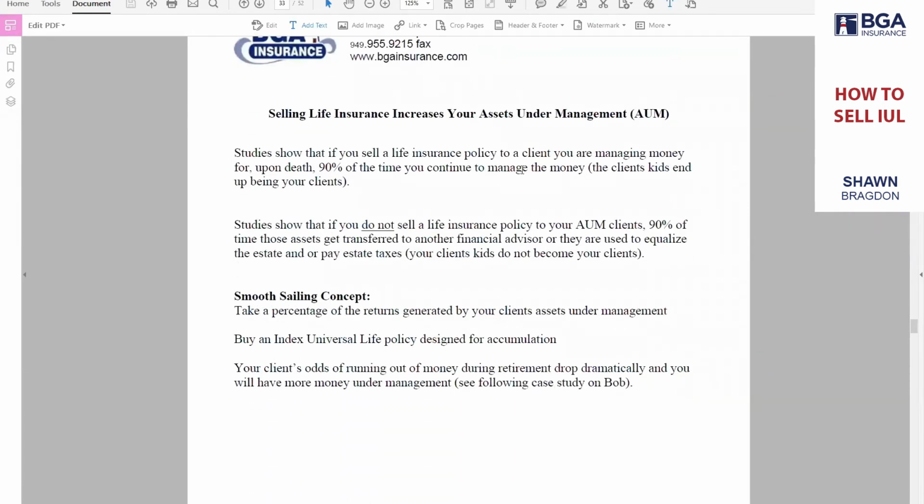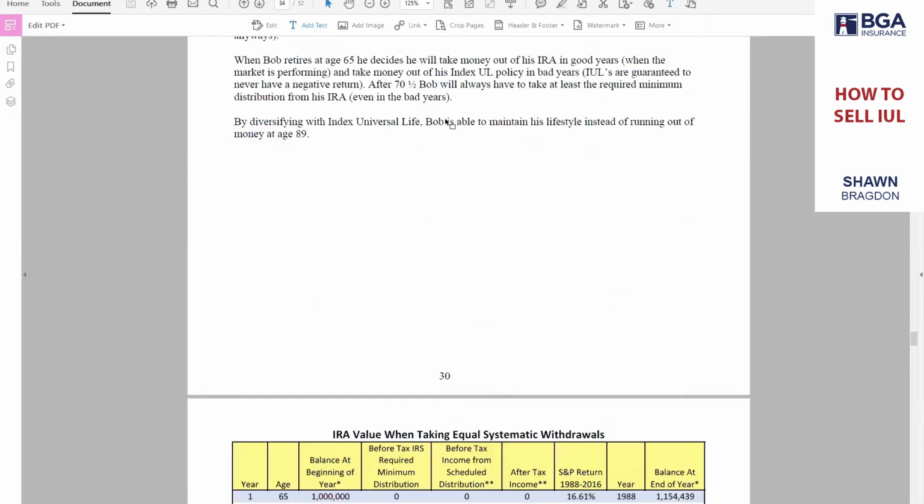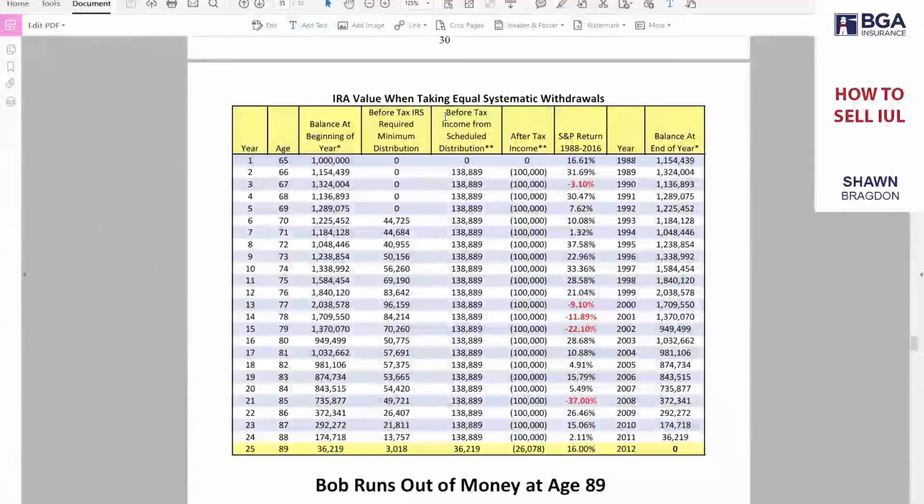This is another concept that I call smooth sailing. If you're getting money under management, AUM, selling your clients an index UL policy can actually increase the amount of money you have under management. Here's an example of Bob. Bob's got $1 million in his IRA.